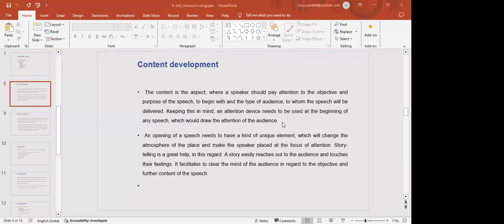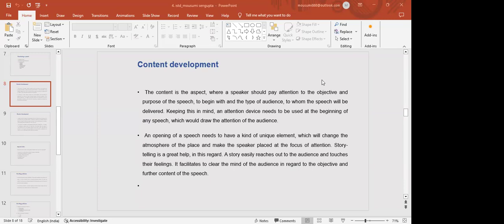Now, if we look at the next point, what we intend to discuss here is content development. That means when we are discussing our presentations, we also need to understand how the content of the presentation is going to be developed. For example, in our task, we have mentioned that the speaker has to pay attention to the objective and purpose of the speech.